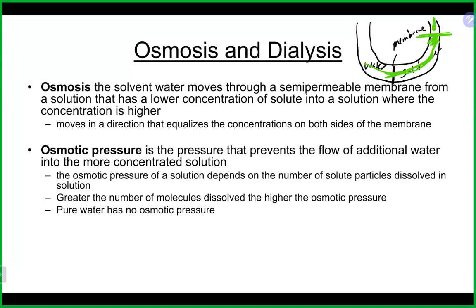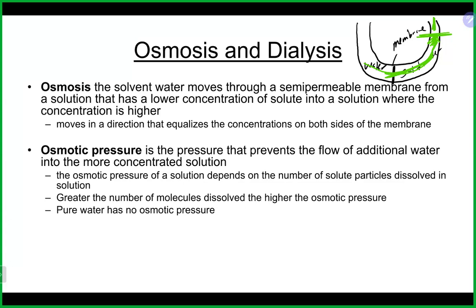Now, the osmotic pressure of a solution depends on the number of solute particles in that solution. The more solute particles you have, the greater the osmotic pressure will be. Pure water, as I mentioned, is a covalent molecule, which means you have no ions floating around, and there is no osmotic pressure associated with that.